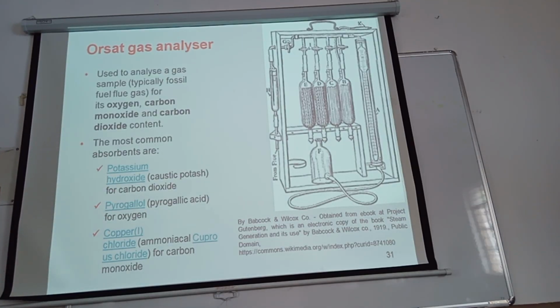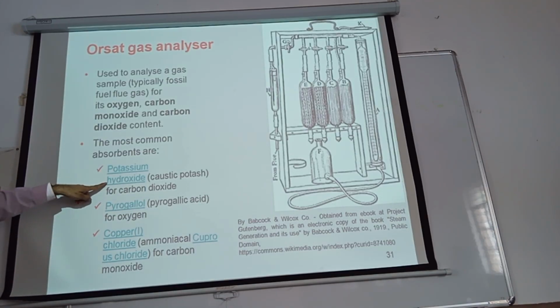So we will predict that a gas was present in the mixture and was absorbed by a particular chemical, and therefore the volume is reduced. Right? So what is the volume reduced? That is corresponding to oxygen, to CO2, to CO. And finally, what will not be absorbed, we will assume that this is nitrogen.